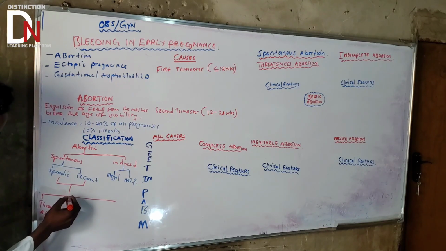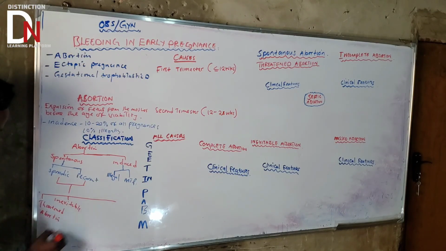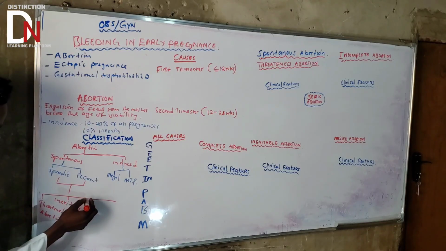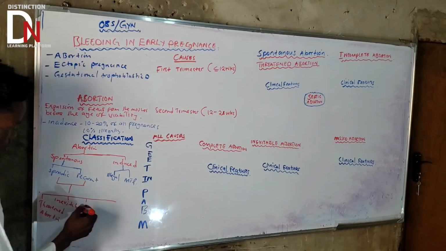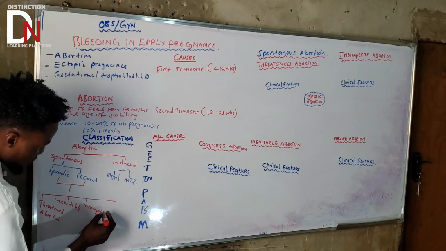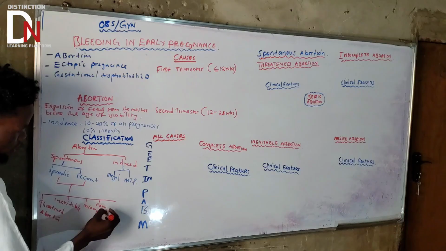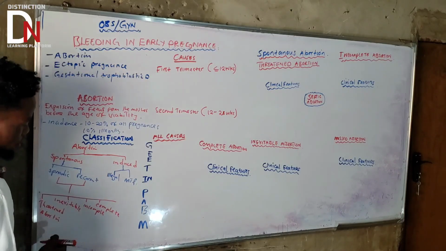What is the second one? The second one is inevitable. So let's put it here. Inevitable, okay? Type of abortion. What is the other one? The other one is incomplete, okay? Incomplete. If there is incomplete, there will be complete, okay? That is the complete.